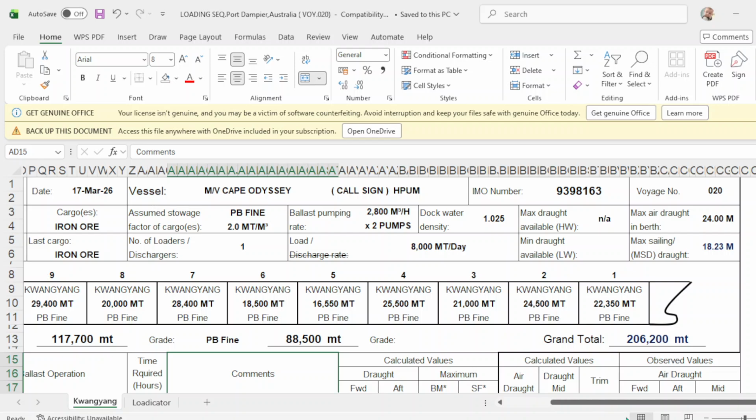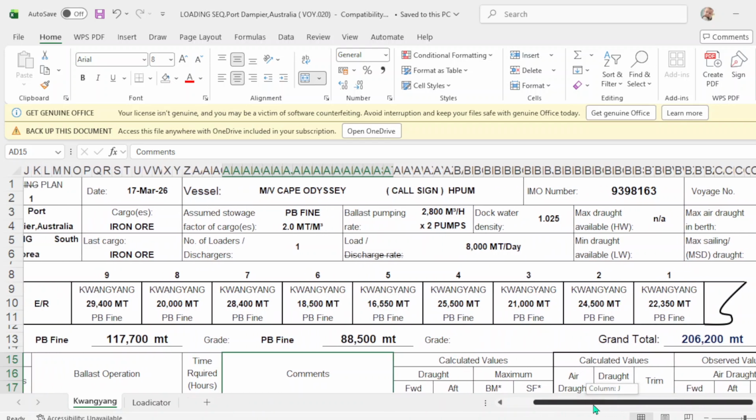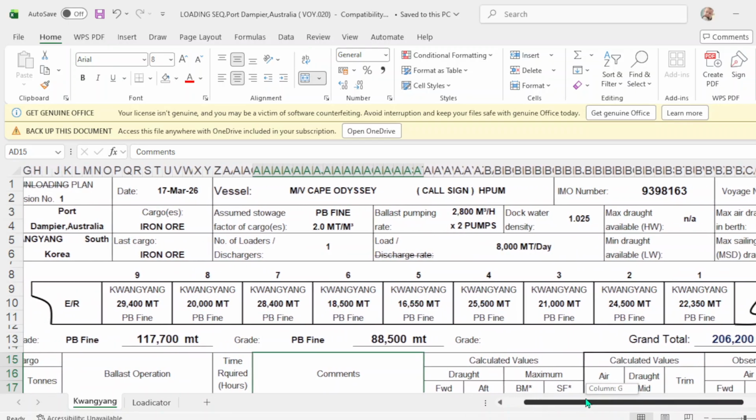206,200 metric tons. And this is the hold wise. Number one is loading about 22,350. Number two is 24,500. And number three is 21,000. And number four is 25,500.